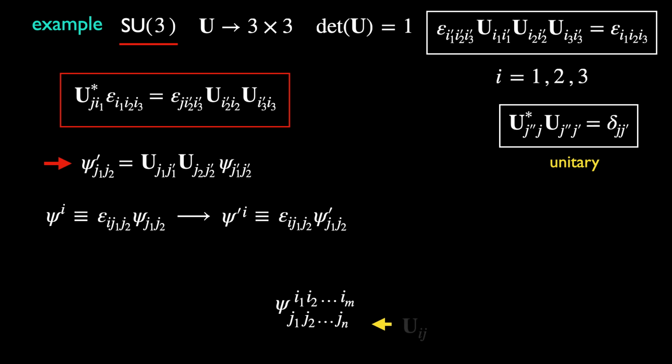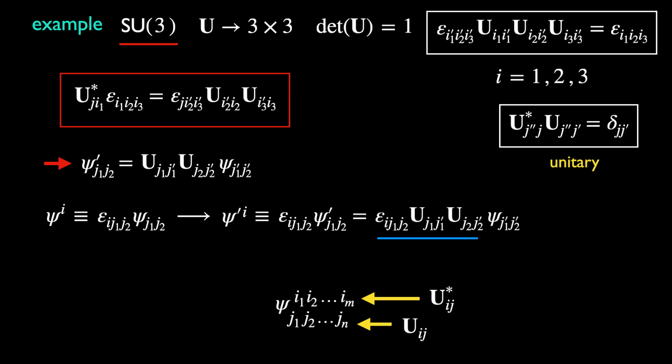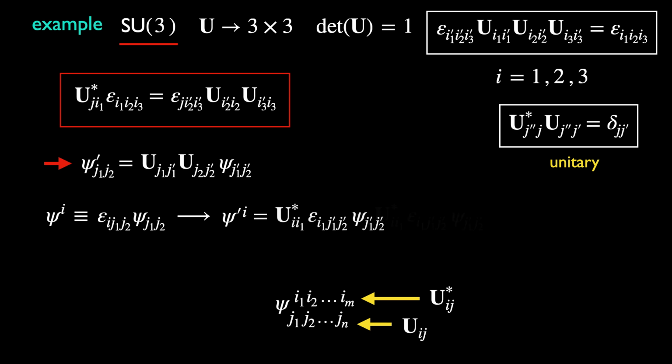Recall that a lower index transforms by U and an upper index by U star. So this becomes... Here's a chance to apply the identity above. Thus the upper index tensor we have defined really transforms like an upper index object.